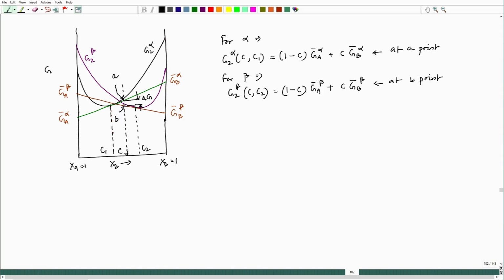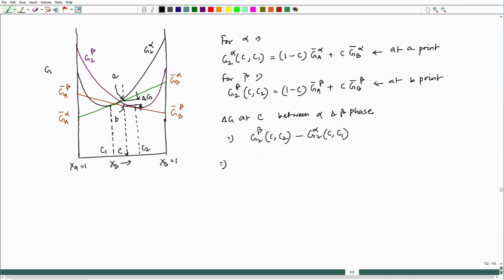Now, I can find out delta G at C between alpha and beta phase. So, I can write which one is lower. Lower is G2 beta C C2 minus G2 alpha C C1.